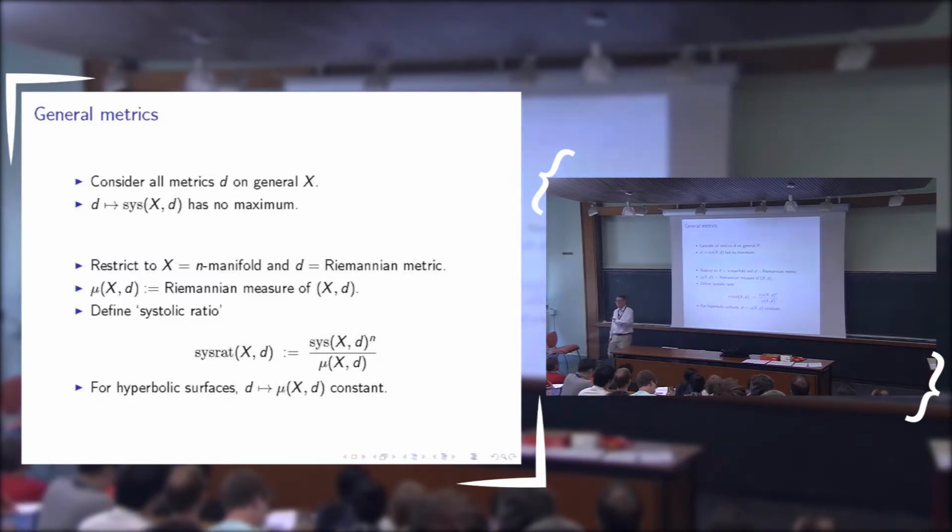Or if you like, more practical, just choose your metrics to have area or volume 1. But that's the systolic ratio, that thing there. And this is the answer to Barak's question. For hyperbolic surfaces, this is a constant, so you really don't have to worry about dividing out.